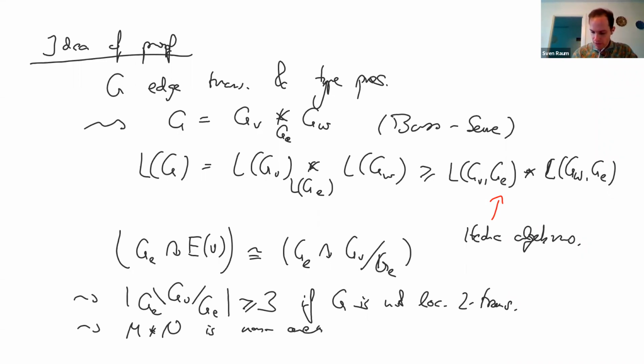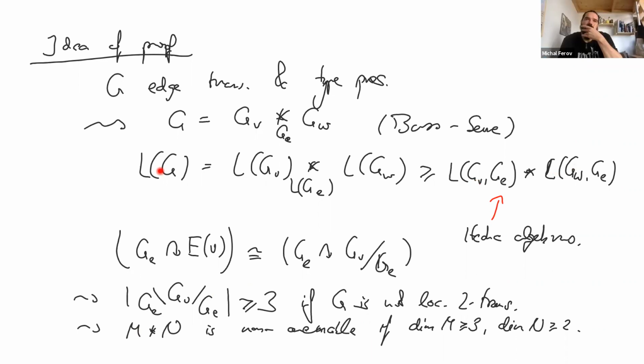It's basically L of F_n for some free group, non-amenable if dim M is at least 3 and dim N is at least 2. This way, thanks to this observation that local 2-transitivity translates into a size condition for such Hecke algebras, one can apply basic von Neumann algebra, really free probability theory. One has to really work for getting such a result, but it's kind of classical. Still, one can apply such a result and clarify some things about representation theory for these groups.